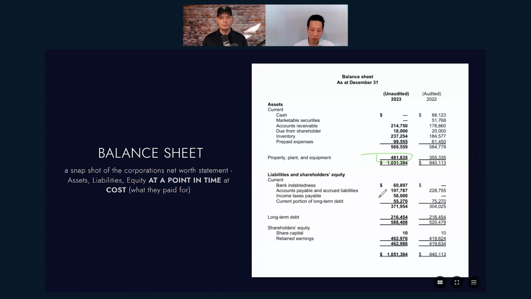So I can see right here, oh, well, they have some long-term debt. It's no different than you having a personal residence, a long-term asset for you, where you paid 20% of it as a down payment, and 80% of it is serviced through a mortgage or a long-term loan.